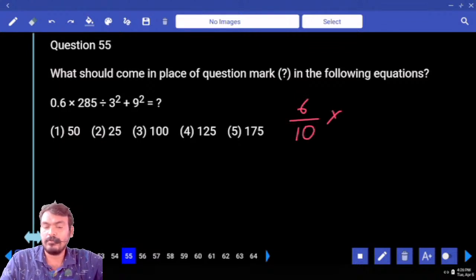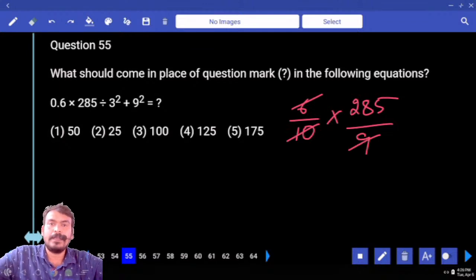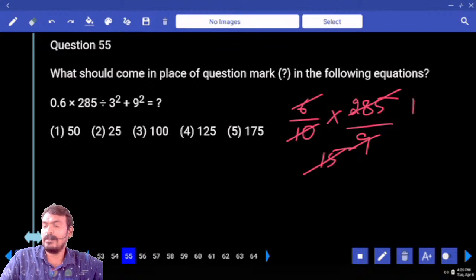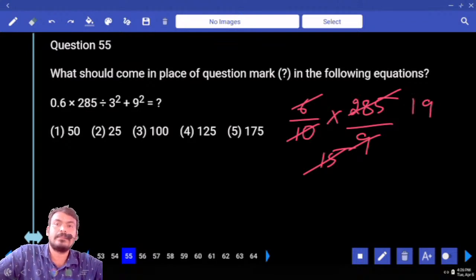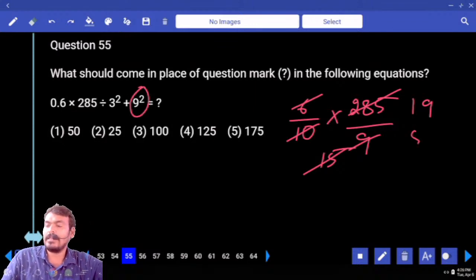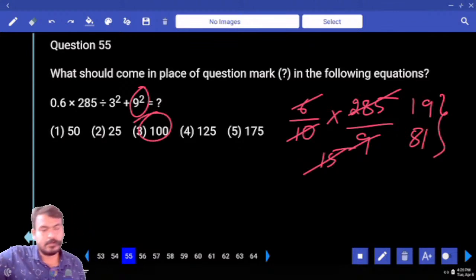Into how much value? 285 by 9, right? 6, 10 into 9 how much? 90. 6 by 90, how many times are we getting? 15 times, right? 285, 15 ones are 135, means 9 times, right? It is 19. What is the 9 square value? 81. 19 plus 81, 100, right? Which option? Third one.